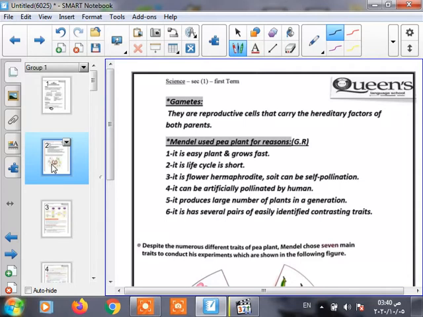And the stem height tall or short. And the pod or fruit color green or yellow, and the pod or fruit shape swollen or constricted. So what are the contrasting traits that Mendel studied? Flower color, flower position, seed color, seed shape, stem height, fruit color, and fruit shape.